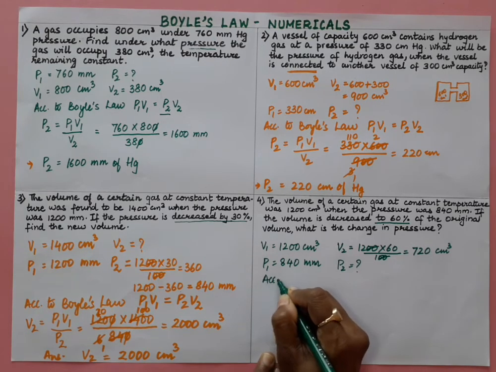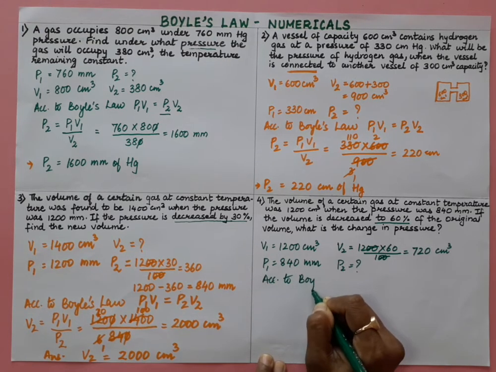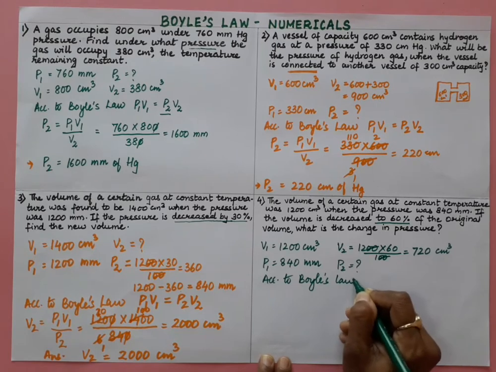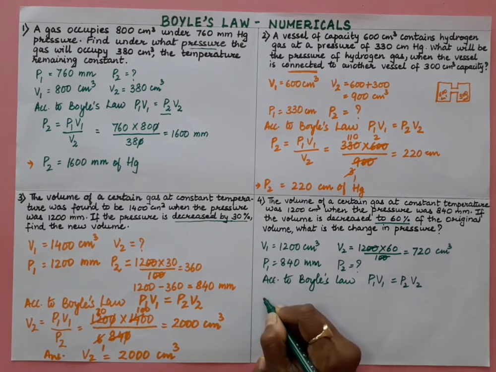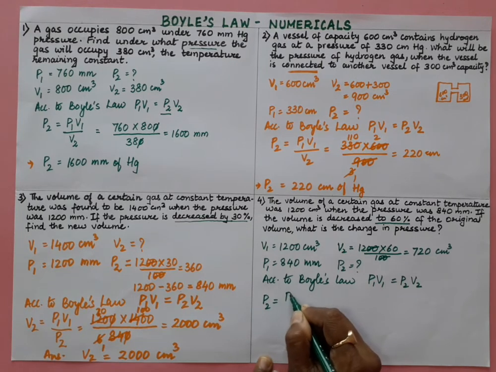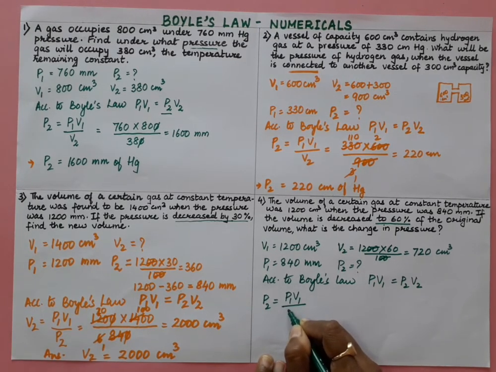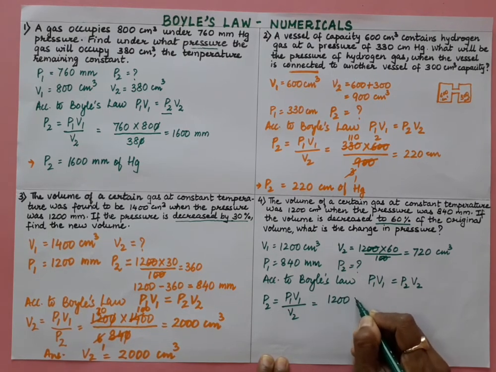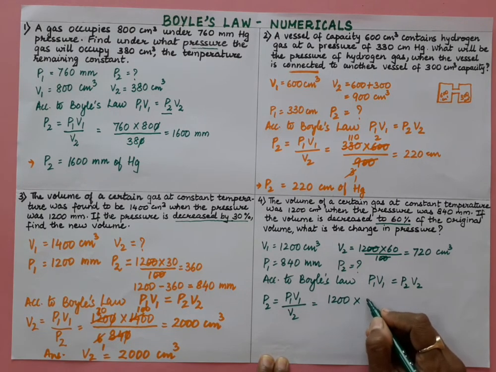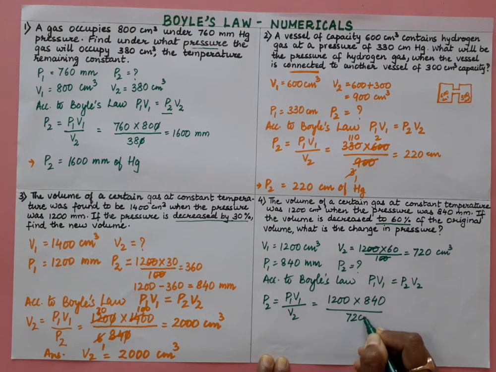Now again, according to Boyle's law, P1 V1 is equal to P2 V2. Now let us have the formula of P2. P2 is P1 V1 upon V2, right? So substitute the value: V1 is 1200 and P1 is 840 upon 720, right?